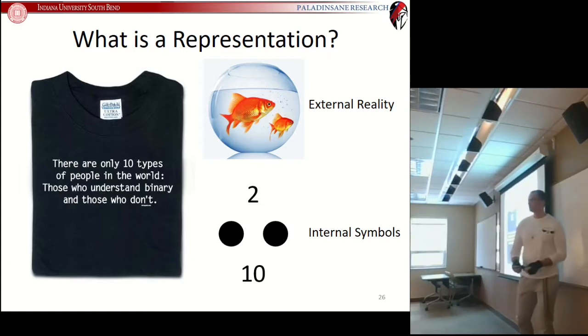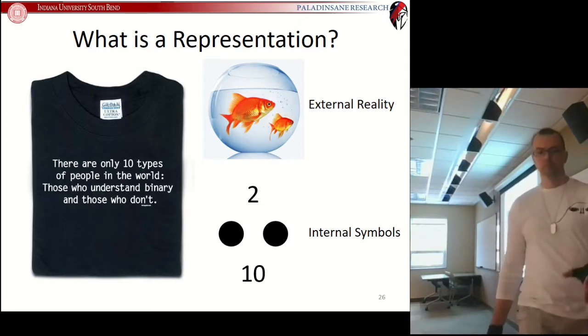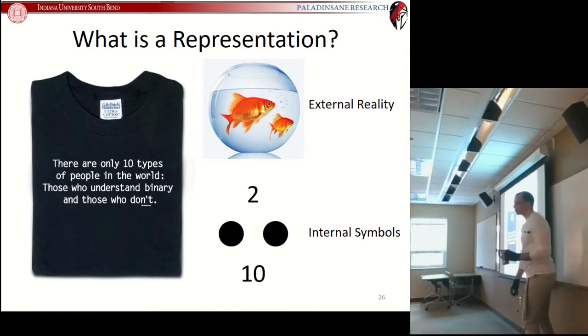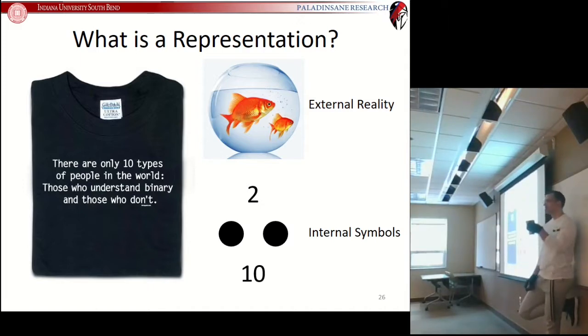Are these representations conscious or subconscious? So is this the way that you think about it consciously, or are the representations something that's just there and that's how we process things? For the most part, it's unconscious.